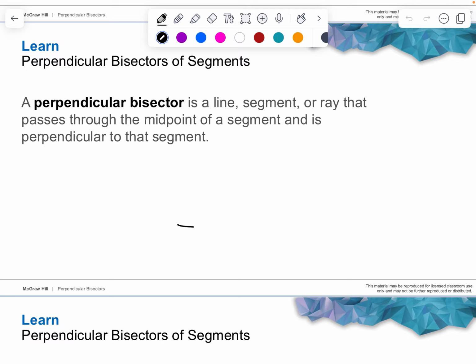So if you've got a segment, like segment AB here, and you find its midpoint, there we go, and then you put anything, a line, a segment, or a ray that goes directly through that, straight up through it right there, at a 90 degree, then you have created a perpendicular bisector, okay?